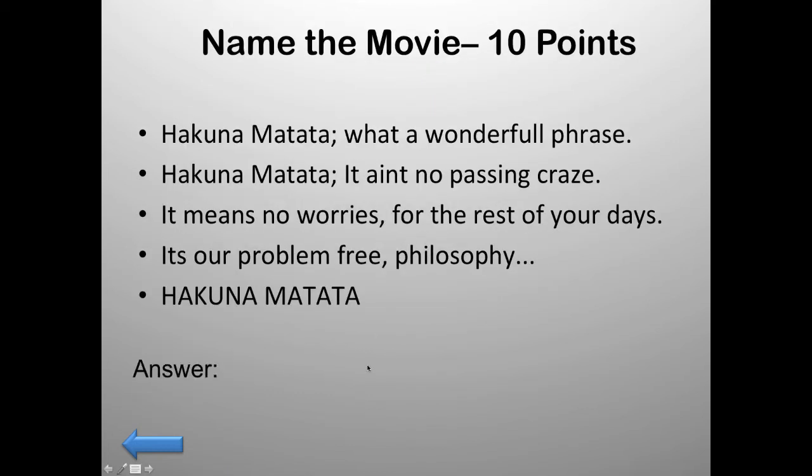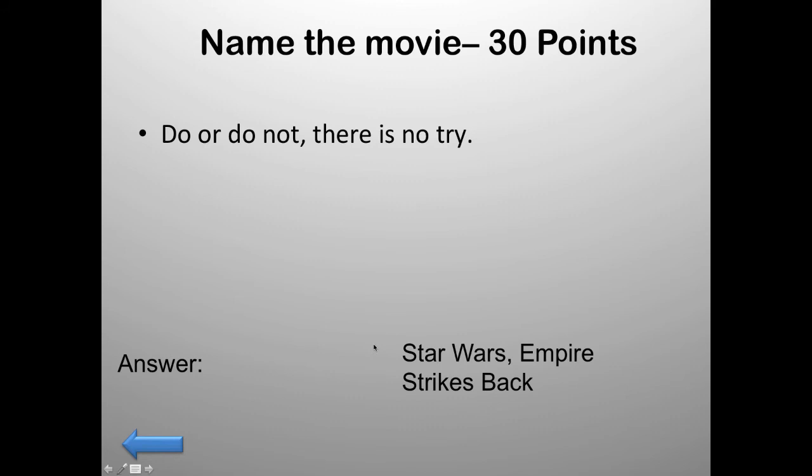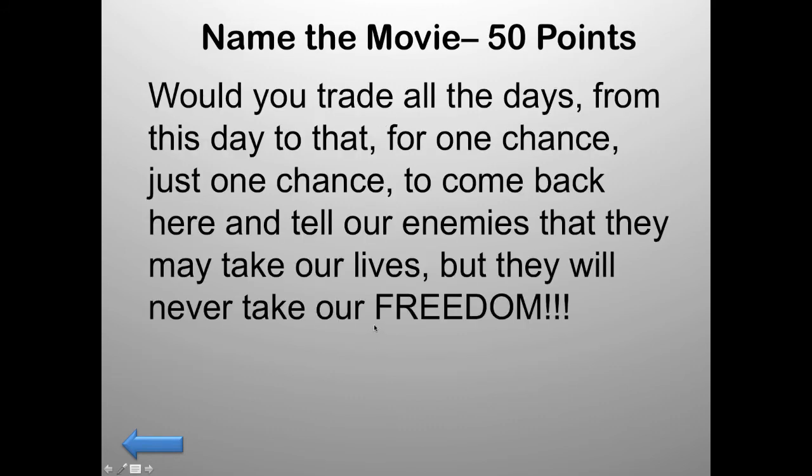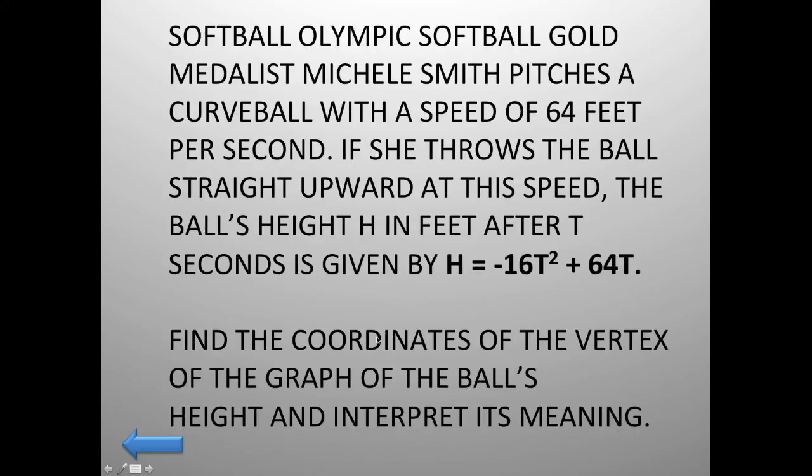Now I'm going to skip these and go right to my final Jeopardy question, which again gives you another equation, okay, and it says find the coordinates of the vertex and then interpret its meaning.